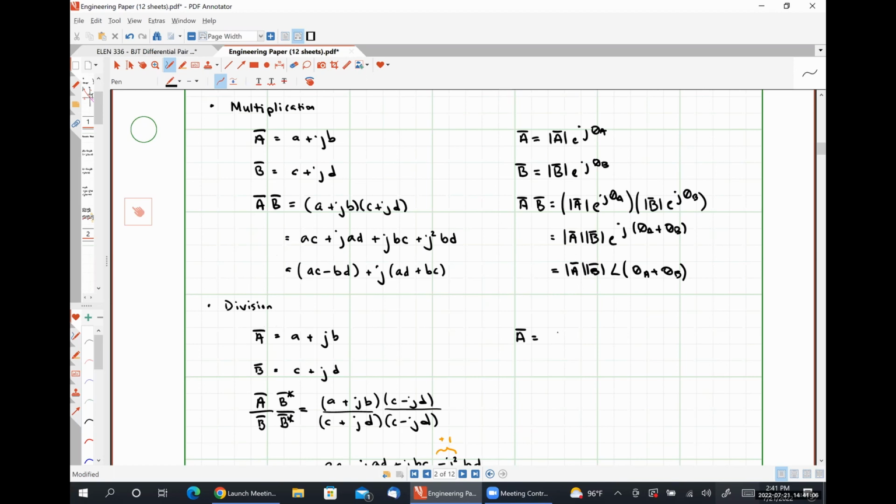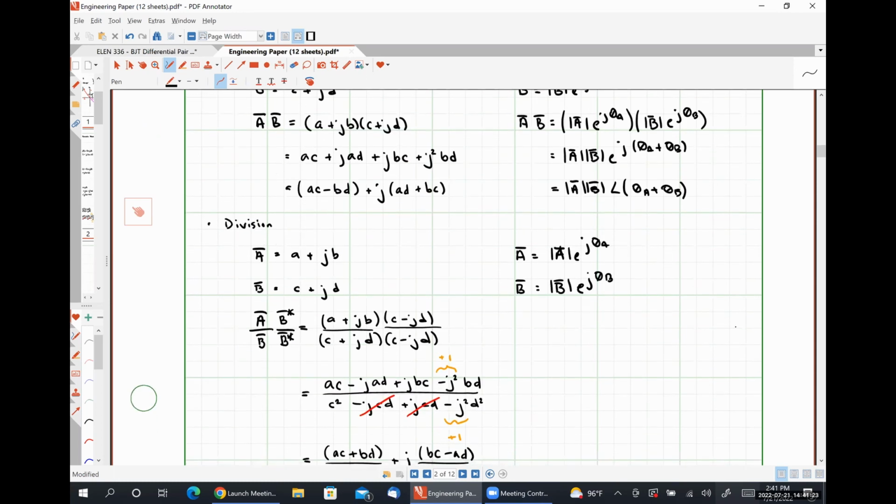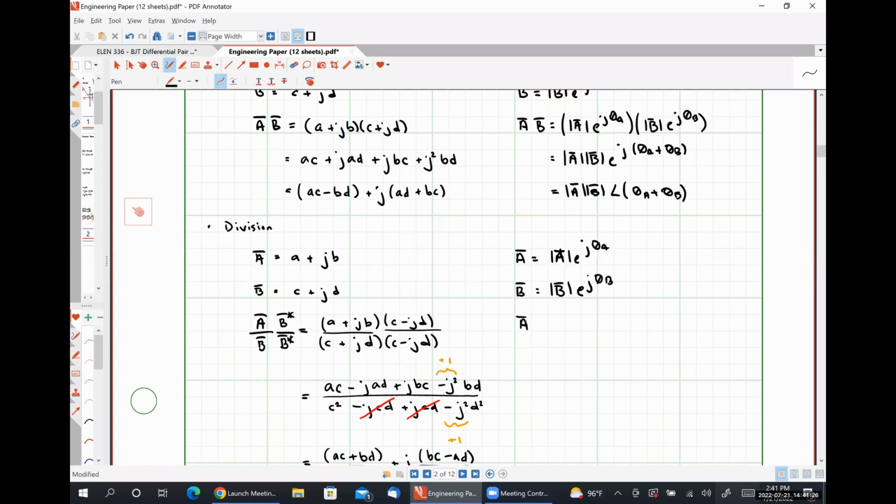For complex number A equal to the magnitude of A e to the j theta A, and complex number B equal to the magnitude of B e to the j theta B, division is going to look like the magnitude of A e to the j theta A over the magnitude of B e to the j theta B, which in turn just looks like the magnitude of A over the magnitude of B e to the j (theta A minus theta B).